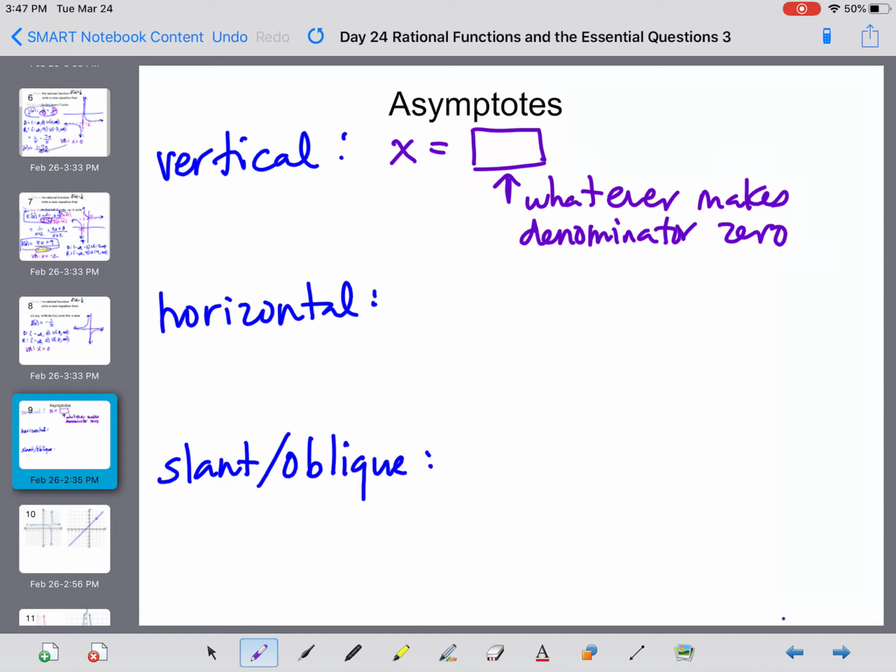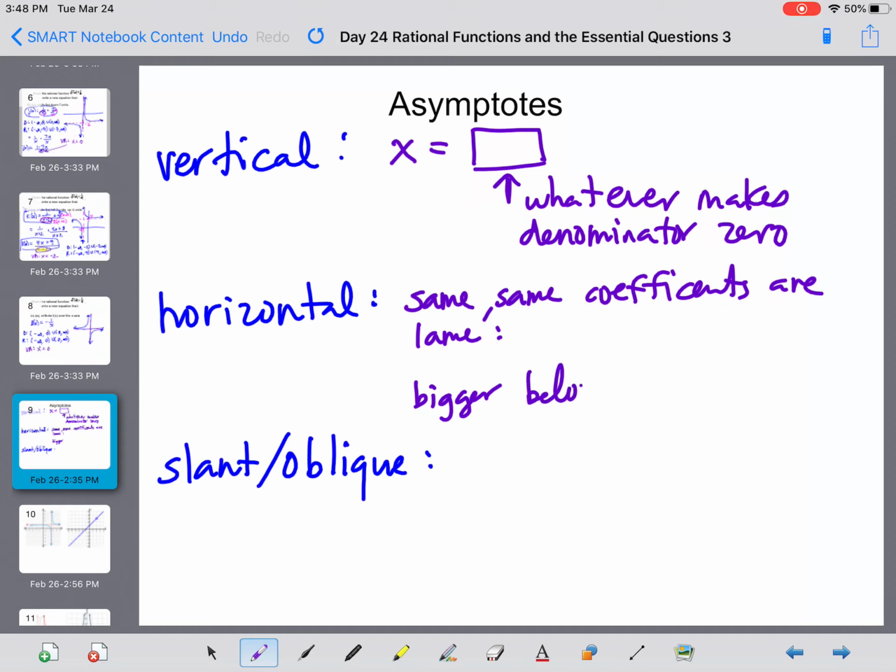We're either going to have same coefficients, or we're going to have bigger below y equals 0. I taught in Texas for a few years, and this was a little mnemonic device, or memory trick, that I picked up there to help me remember how to do each of them. So we're going to have one of these two scenarios for our rational functions. So let's talk about bigger below y equals 0.